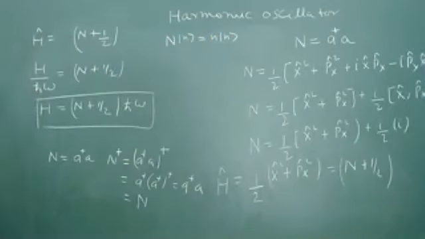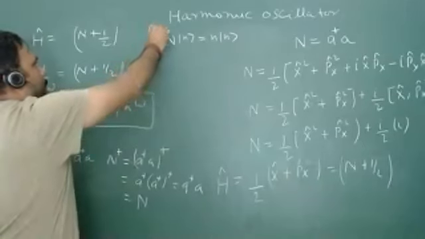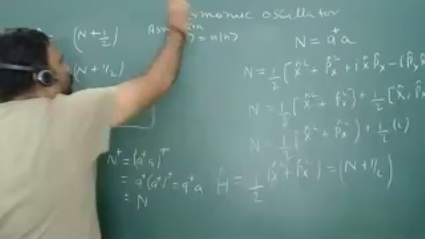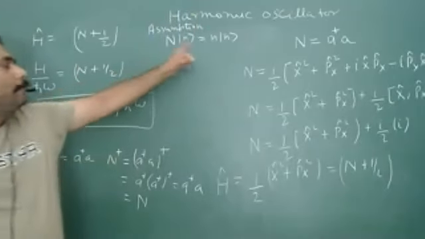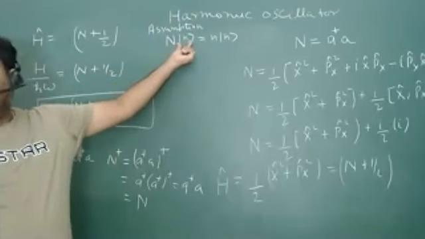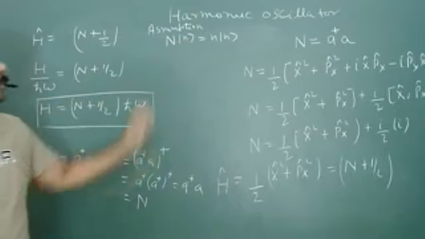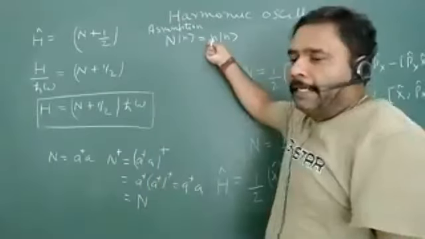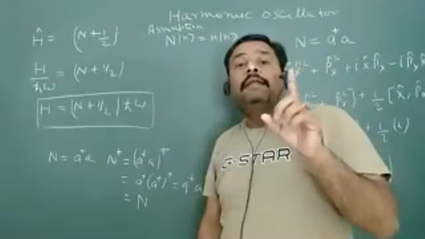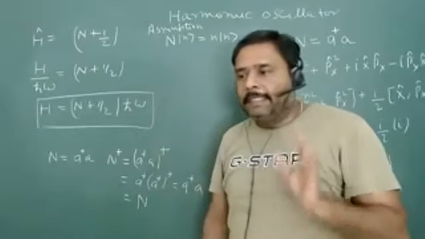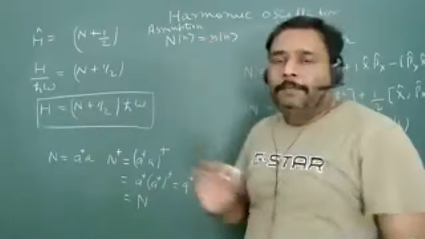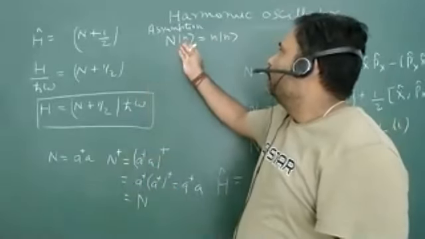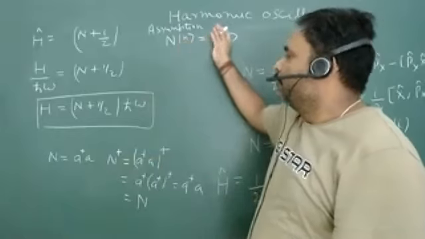This is our assumption. I can make sure that this particular n is a real number. It is not imaginary. And this is the symbolic ket associated with this n eigenvalue.